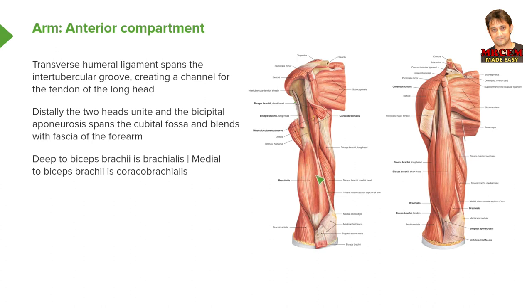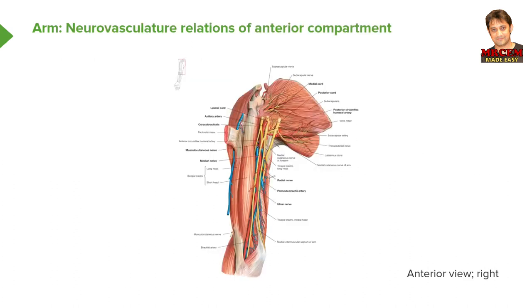As I mentioned, distally, the two heads of biceps unite, and this continues down as the bicipital aponeurosis. Deep to biceps brachii is brachialis, and medial to biceps brachii is coracobrachialis, which we can see here. So we can see in these pictures all of the muscles put together into one anterior compartment of the arm.